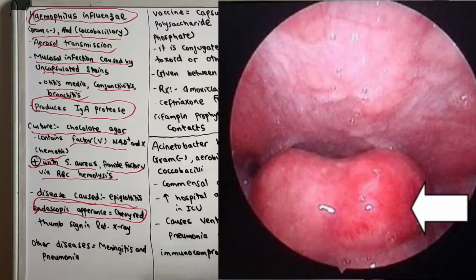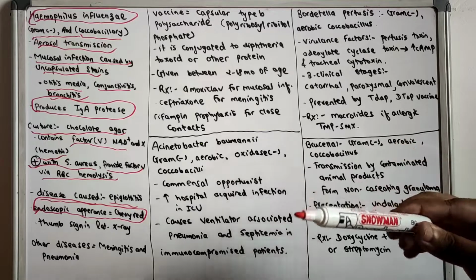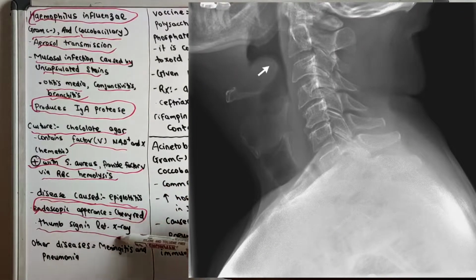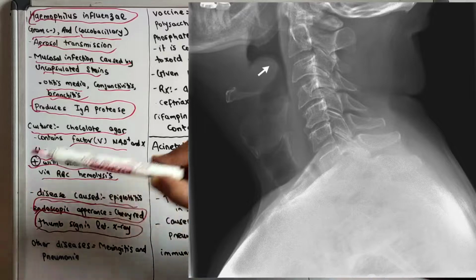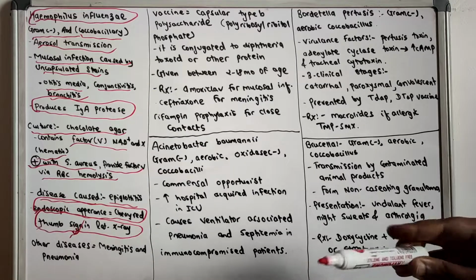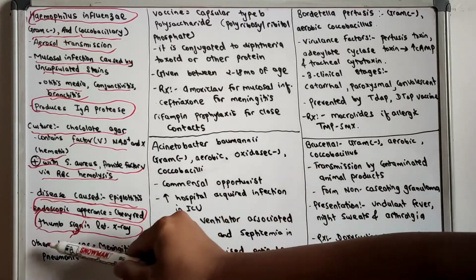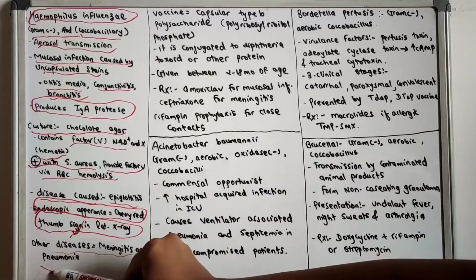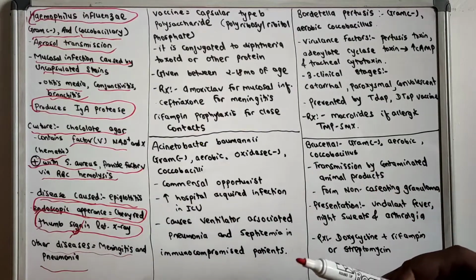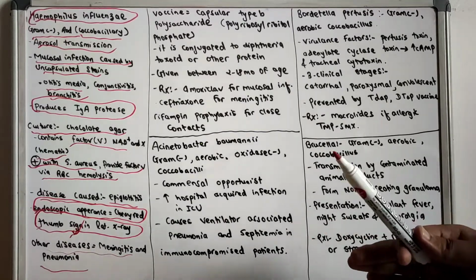And in the lateral x-ray of the neck, or cervical spine, you can see the thumb sign. The other diseases caused by Hemophilus influenzae are meningitis and pneumonia. Hemophilus pneumonia and Hemophilus meningitis can also occur.